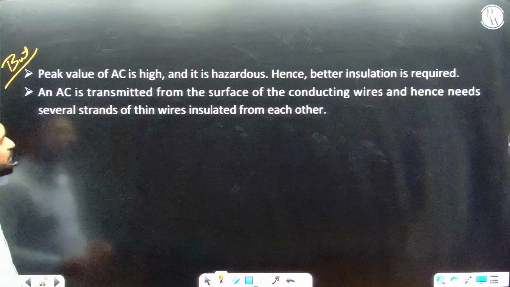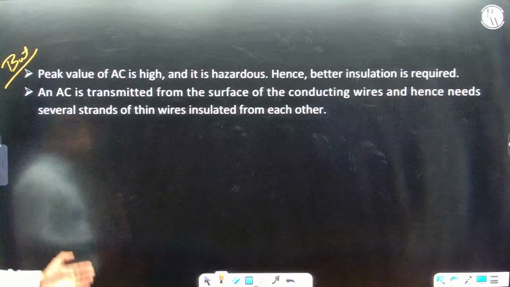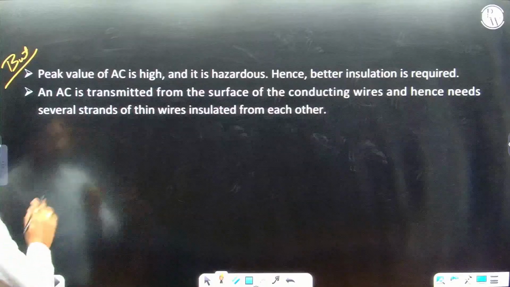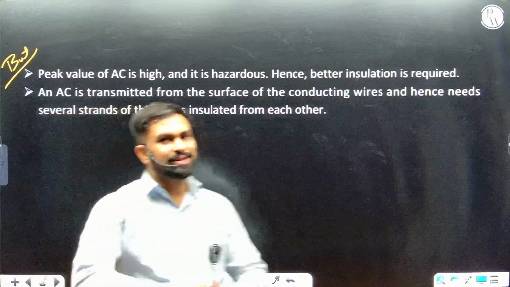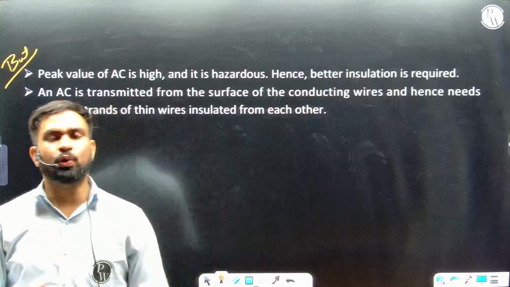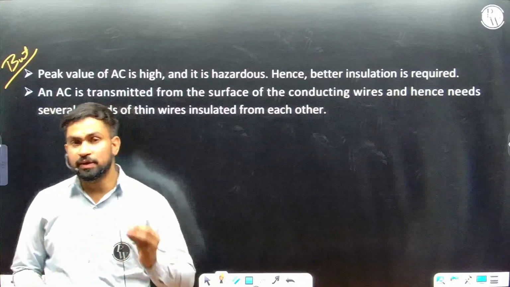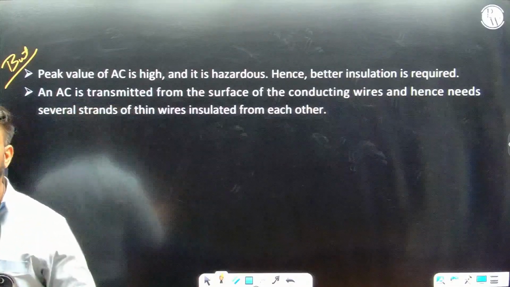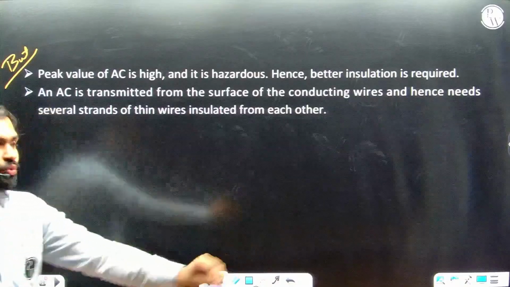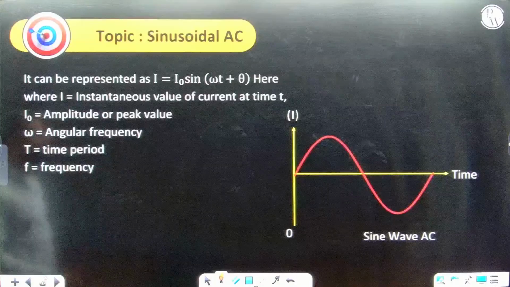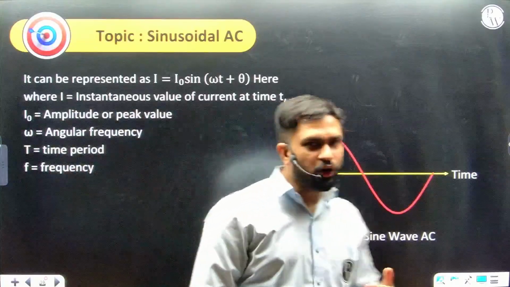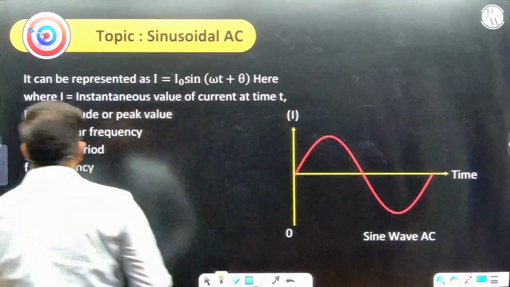AC is transmitted along the surface of conducting wires, hence it requires several strands of wire insulated from each other, because a wire is not just a solid core having lots of free electrons. For AC, the current only moves over the surface of the wire rather than through the whole cross section. Okay, fine. Let's move on to the main part, the mathematical part of the alternating current.